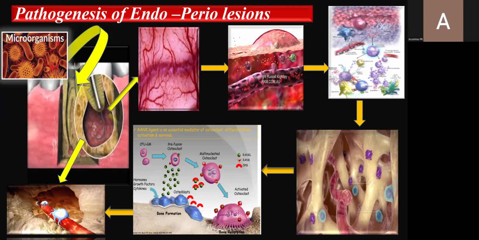That will cause an increase in the intrapulpal pressure, which in turn can force the etiological agents or the microbes towards the apical foramen and push towards the alveolar bone area, where it can activate the osteoclastogenesis process and cause either root resorption or alveolar bone resorption. It leads to retrograde periodontitis. That's how it is linked in an endoperio lesion.